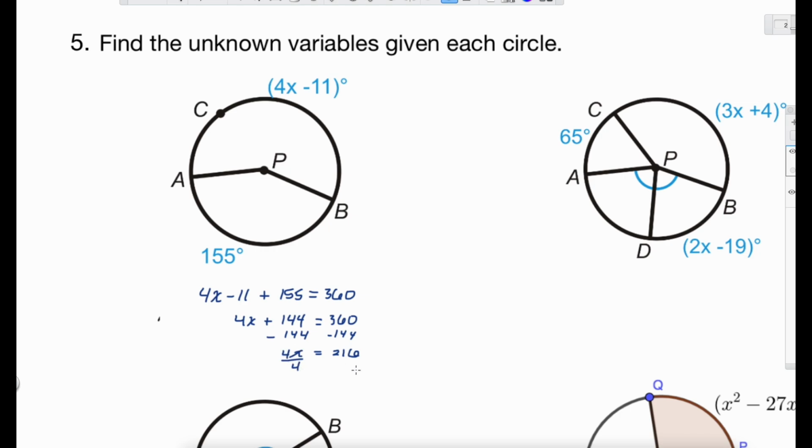Divide by 4. 216 divided by 4, 4 goes into 21 five times, and 4 goes into 16. So this should be 54. That one's done.